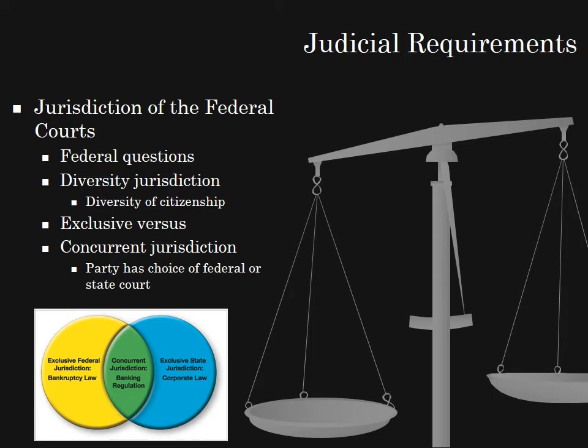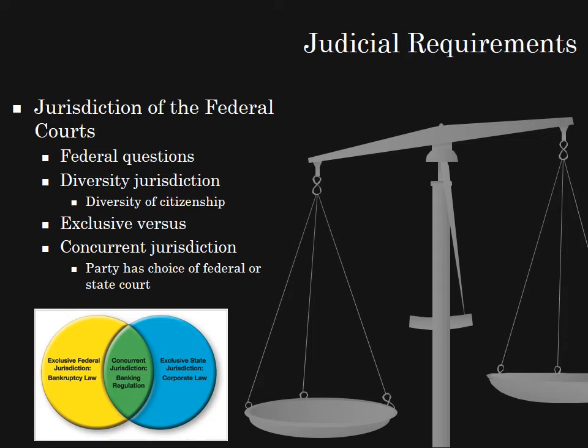So we have either a federal question, or we have diversity of citizenship and damages in excess of $75,000. Okay, so if it's a federal question, then the federal courts have exclusive jurisdiction. But if it is a diversity of citizenship issue, then the federal and the state courts are sharing or having concurrent jurisdiction.